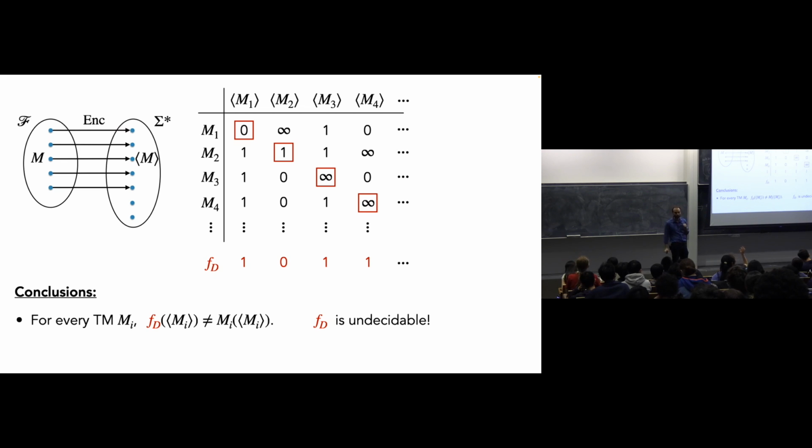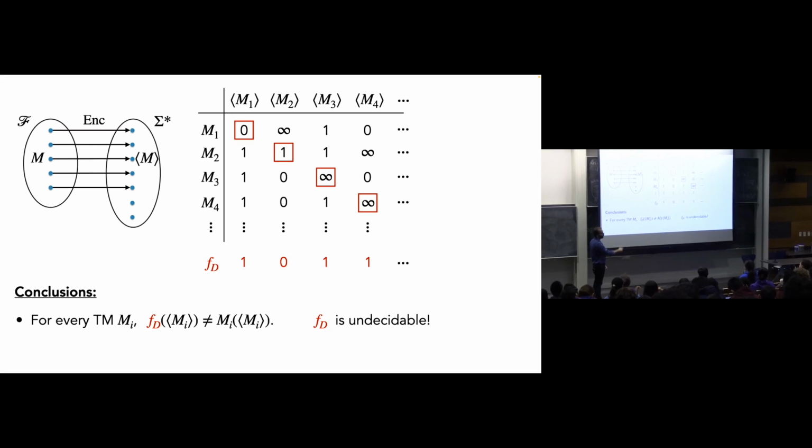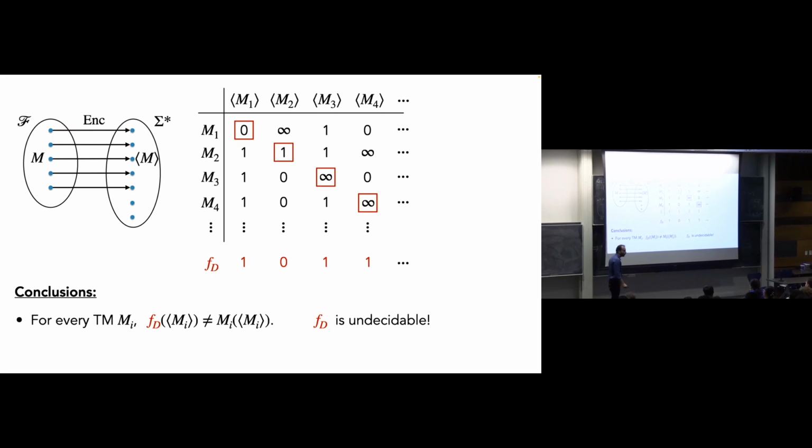Good question. Since we said that M is the set of all Turing machines, then wouldn't f sub d also be a Turing machine? The one we constructed, f sub d, wouldn't that also be a Turing machine? No, so now I am constructing a function. We're viewing these Turing machines as functions, mapping some input to output.